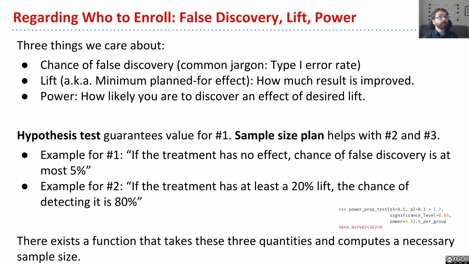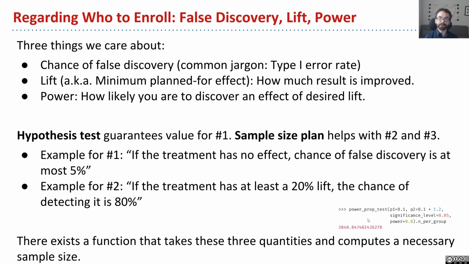And he says there exists a function where you give it, effectively, this is my lift here, 20%, this is my chance of false discovery, and this is my power, how likely I want to be able to see this 20% lift.